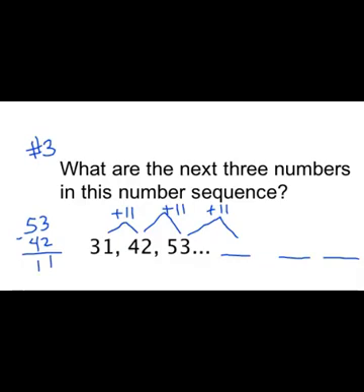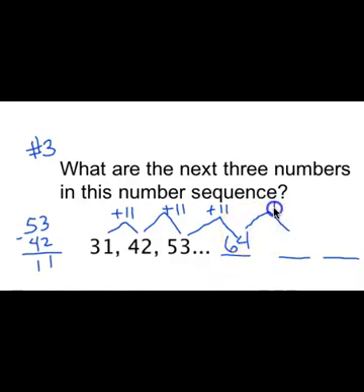So the pattern that I'm seeing here is I've got a 1, a 2, and a 3 in the ones place, and in the tens place it's going 3, 4, 5. So I'm betting my next one is going to be a 6 in the tens place, 3, 4, 5, 6, and 1, 2, 3, 4 in the ones place.